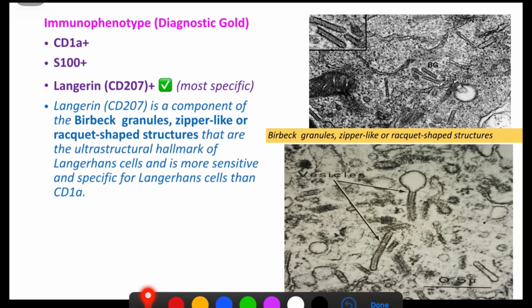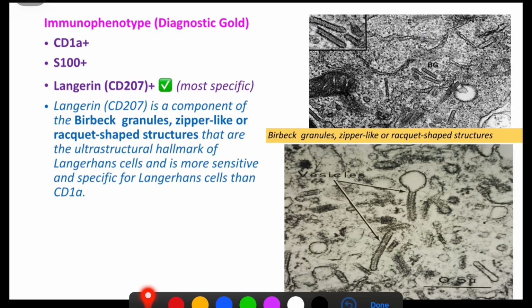It is due to these Birbeck granules. So these granules are positive for Langerin or CD207, a component of these Birbeck granules, which is IHC positive, along with CD1A positivity and S100 positivity.